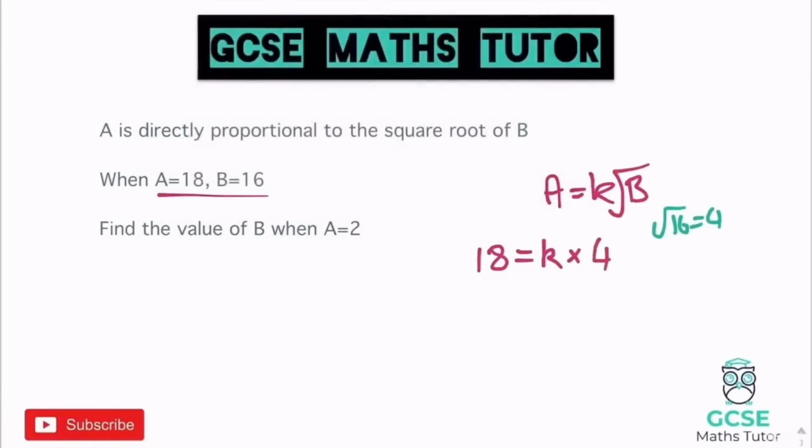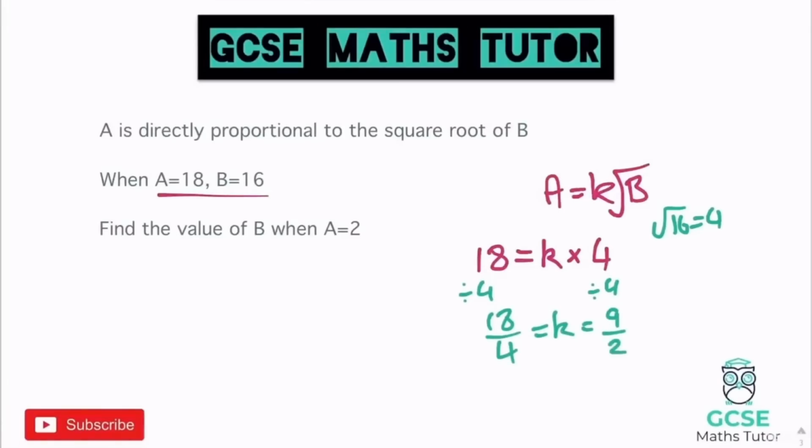Now again, we can actually find the value of K here. We can divide both sides by 4. So if I divide both sides by 4, we get a decimal here because it's 18 over 4. So 18 over 4 equals K. Now if we simplify that down, let's have a look. Divide top and bottom by 2, we get 9 over 2. Which we can either leave as that or we can turn into 4.5.